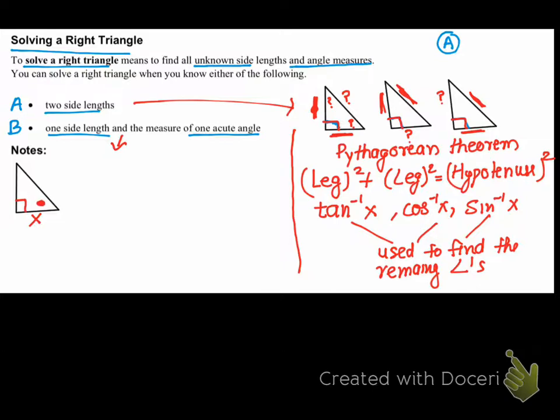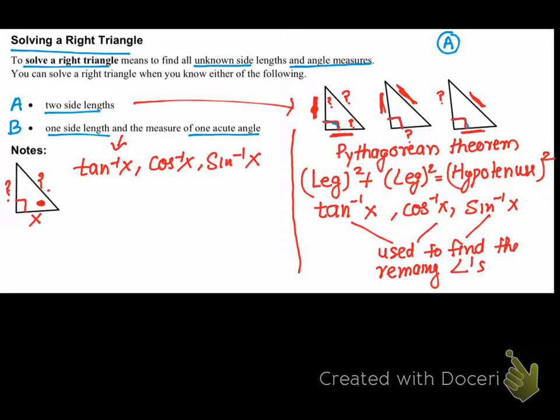You can always use inverse of tangent or inverse of cosine, or inverse of sine to find any of the sides, either this one or this one, depending on which ratio you're using.